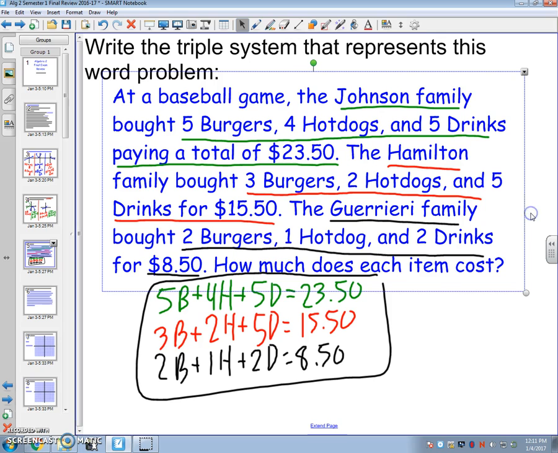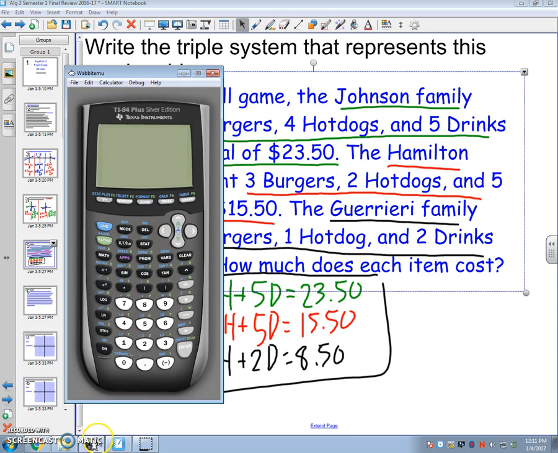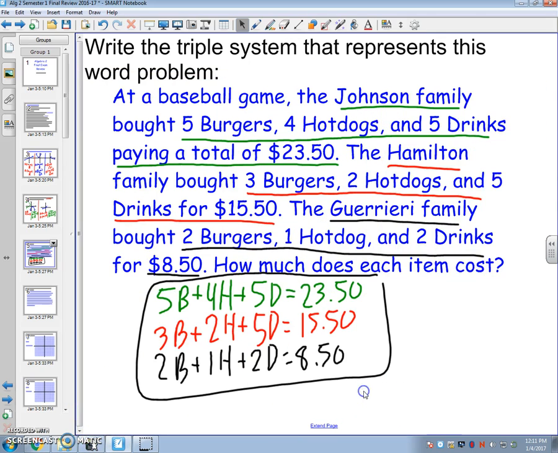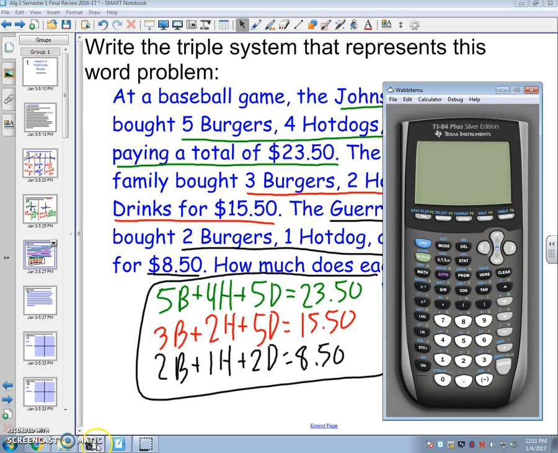Remember the steps in the calculator, just in case. On the calculator, you want to press second matrix, go to edit, pick one, 3 by 4, type the coefficients. So the first row are burgers: 5, 4, 5, 23.50.